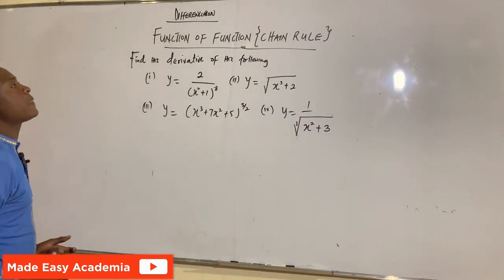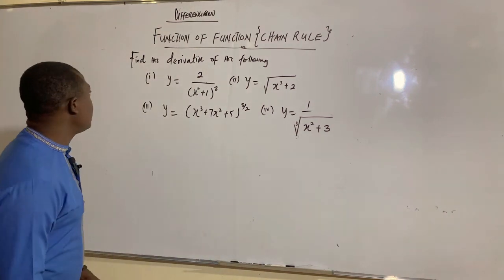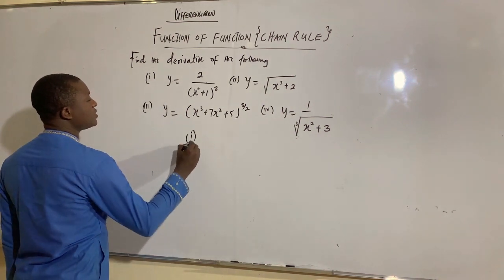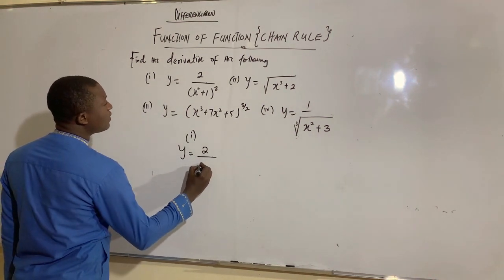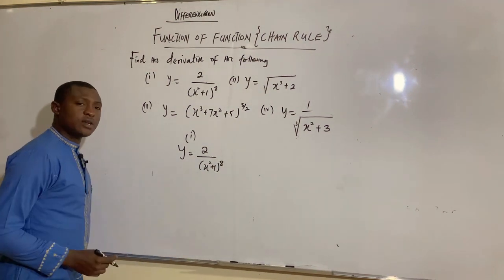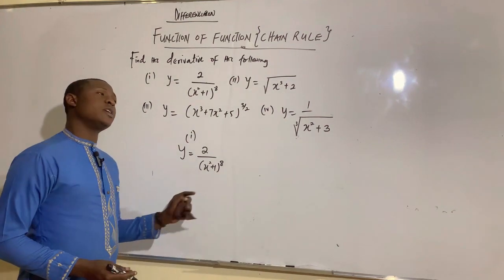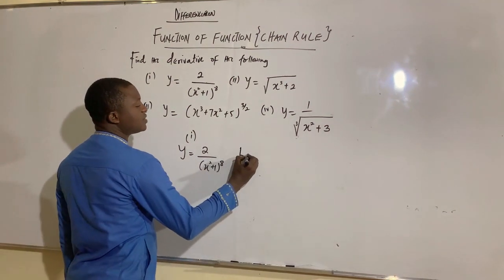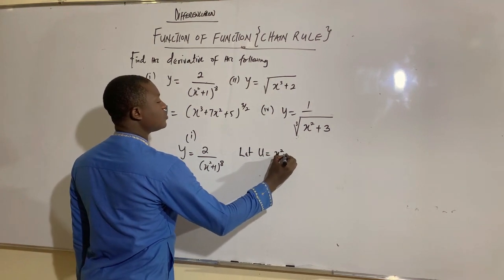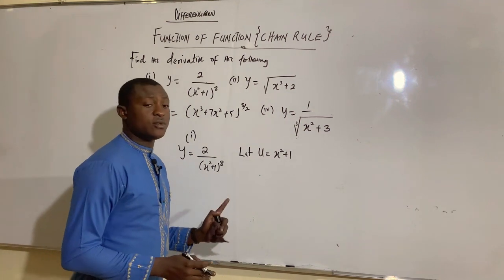We want to use the chain rule, which is a function of functions. So the first one, they said y is equal to 2 over x squared plus 1 raised to the power of 8. I told you the first thing we consider is what we have in the bracket. To be a single alphabet, I can say let u equal to x squared plus 1. I told you earlier you can use any letter apart from y and x, because we have them initially.